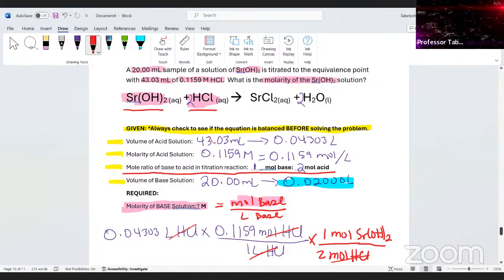But you will always be given the reactants in order to solve for the other side. If they are looking for, let's say, strontium chloride, then they would ask the question in a different way, but they have to give you the acid and the base in order to do problems of this nature.